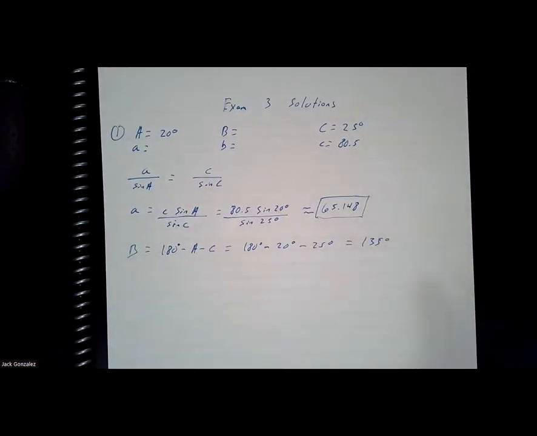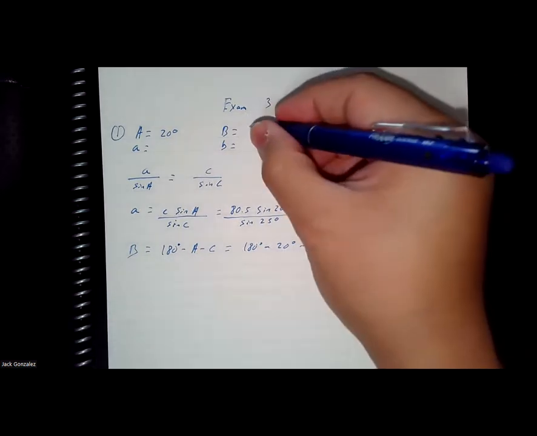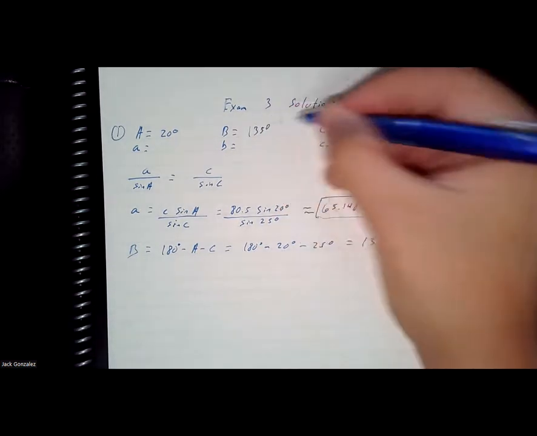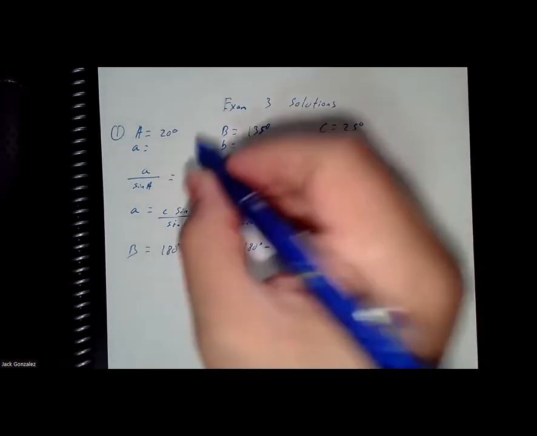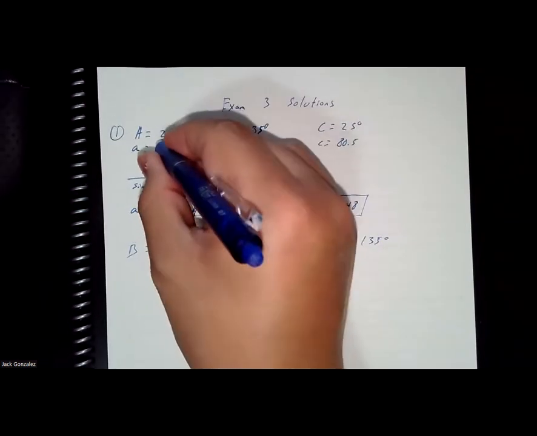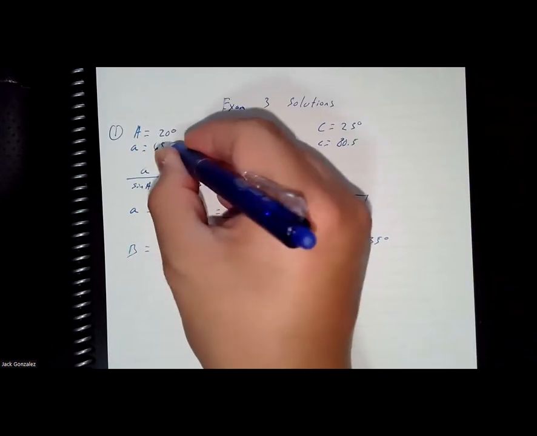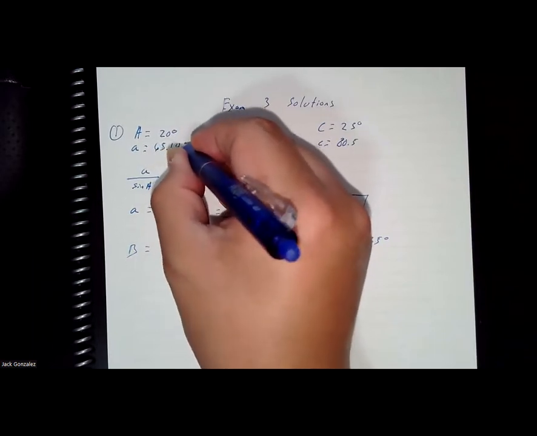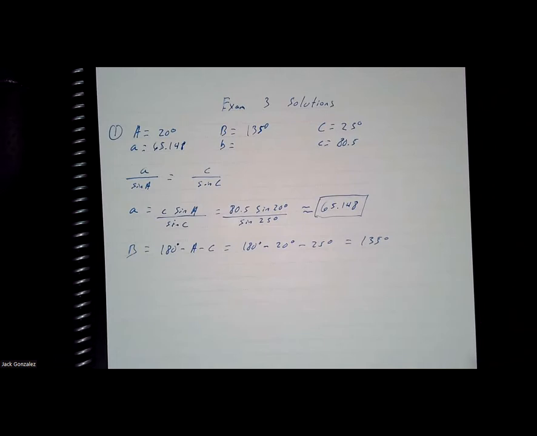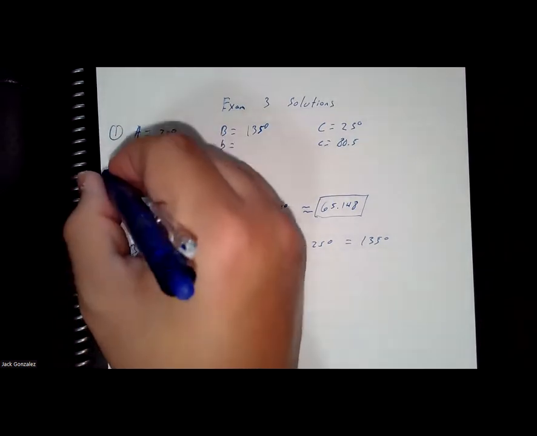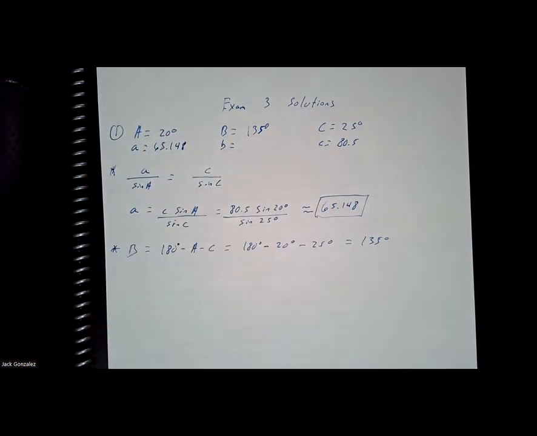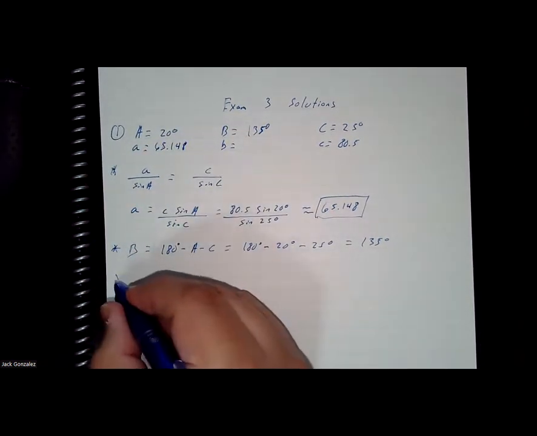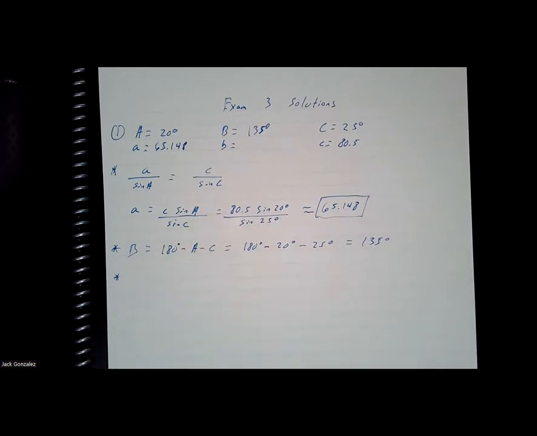Okay, so now we have B. We have A, 65.148. Okay, so make a little note for where I started each step here, so I don't confuse myself or you.